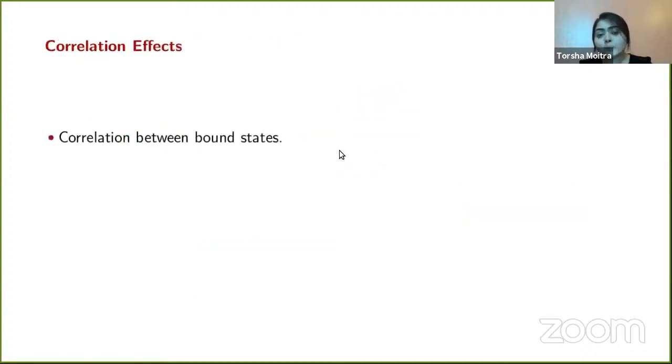The major obstacle in describing or theoretically computing the photoelectron observables is the need to incorporate correlation effects. We have broadly classified this into two categories. The first is the treatment of the correlation between the bound states.